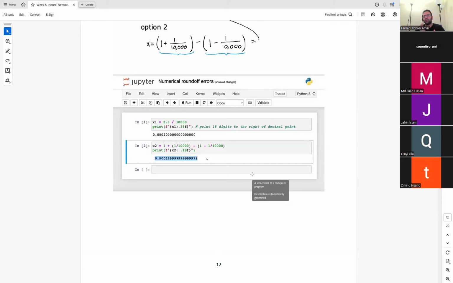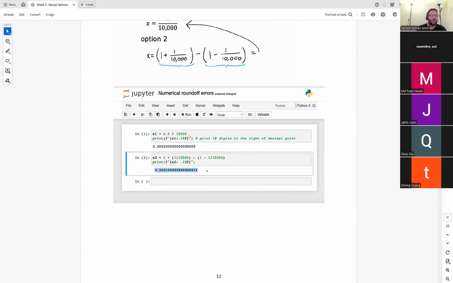Because you change the order of operations of your system, it might generate a different output. But if you directly ask the computer to calculate 2 over 10,000, it's rounded off to this number.